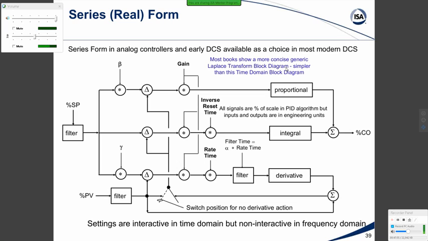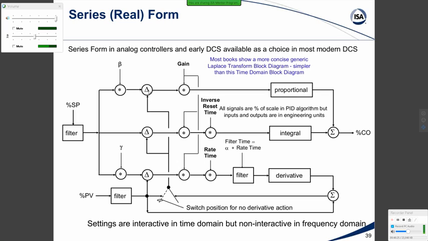And so what I did is made a representation of the different PID forms, and this series form, also known as the real form, was what was in analog controllers and what was in the early DCSs that came out in the early 80s.